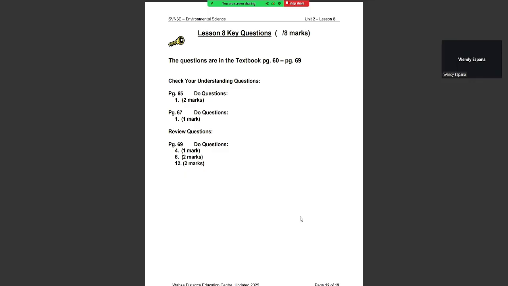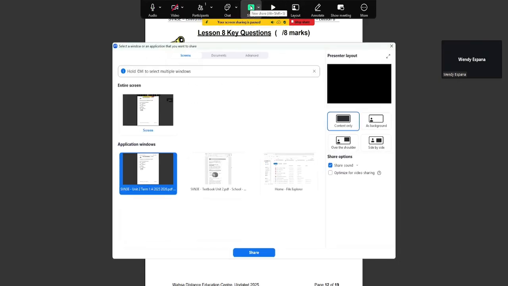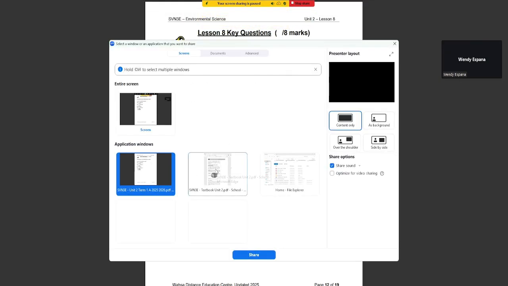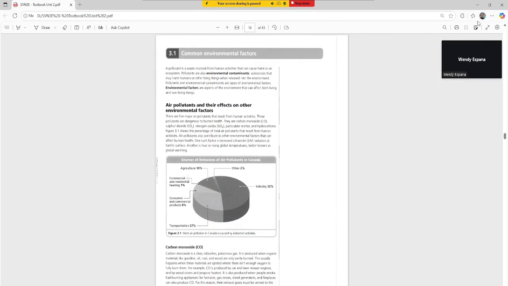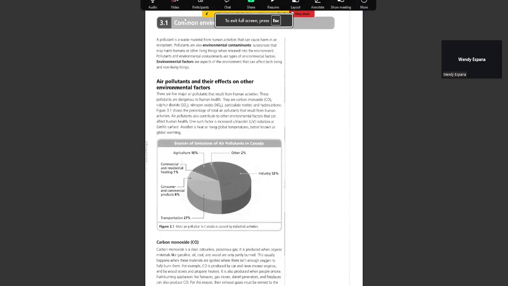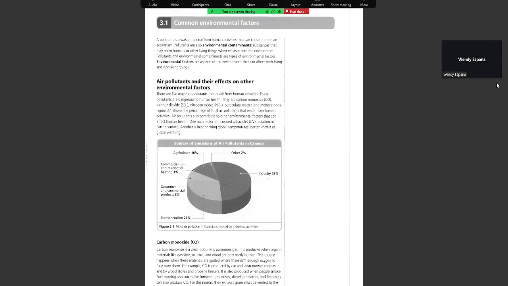So now we're going to go over to the textbook and I want to go through some of that. There's some really good information in the textbook on some of these contaminants, and also some good information on some of the terminology.